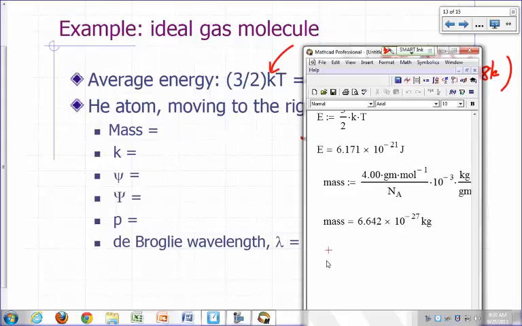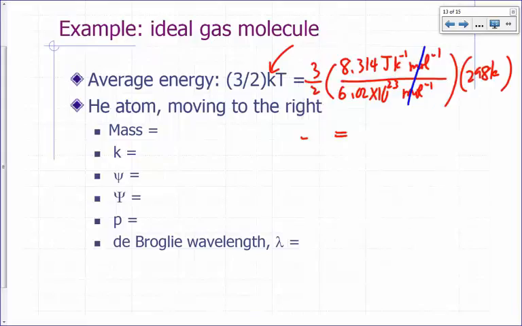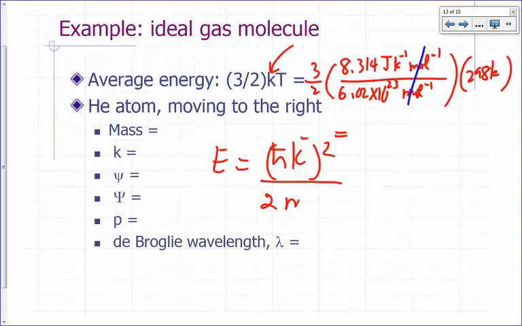What's our k? Square root of 2 times the mass times the energy, divided by h bar. How did I figure that one? What did we say energy was? Energy is h bar k squared over 2m, right?